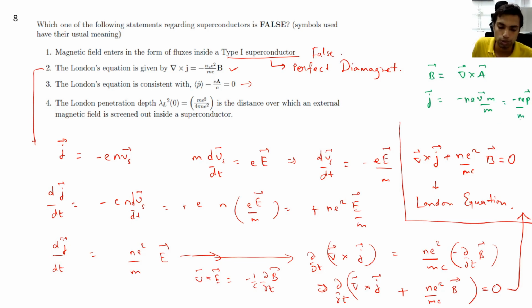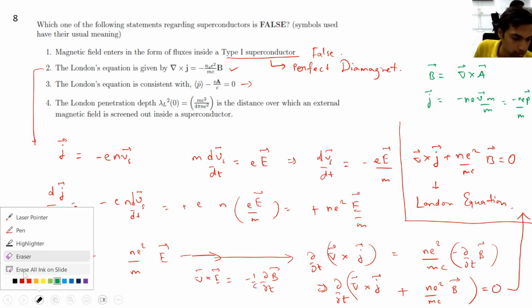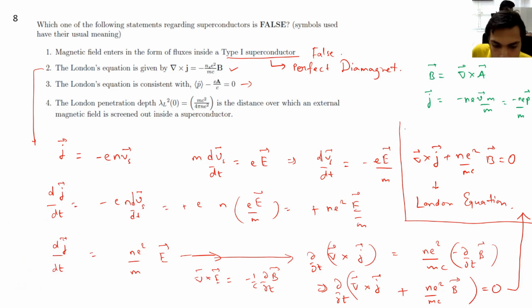You put both of these here, so it is curl of j, where instead of j we are writing minus n e p by m, plus n e square over mc times curl of A is equal to 0.